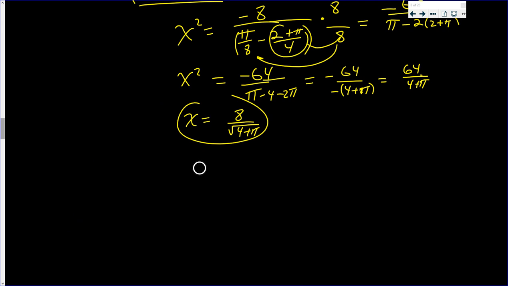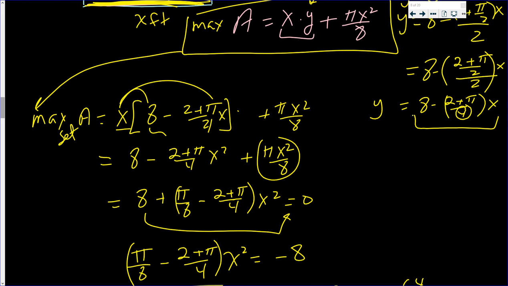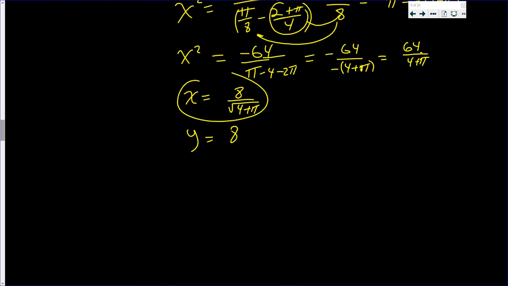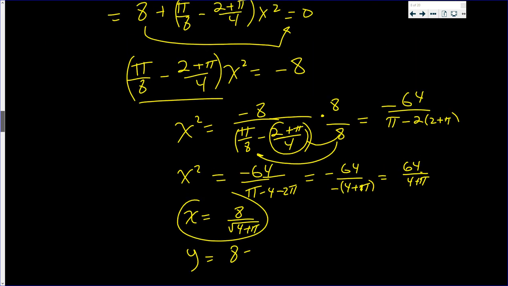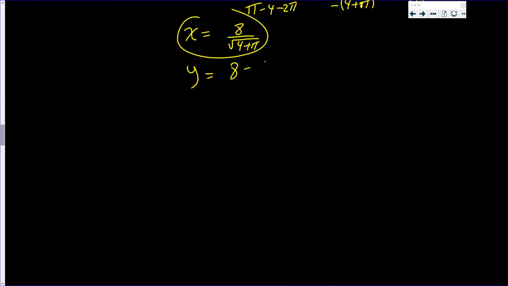What does y equal? Well, somewhere we had that y was equal to that. Y is equal to 8 minus 2 plus pi over 4 times x. Okay?